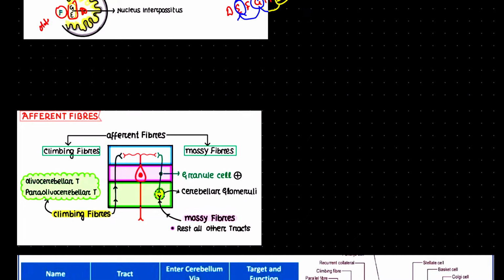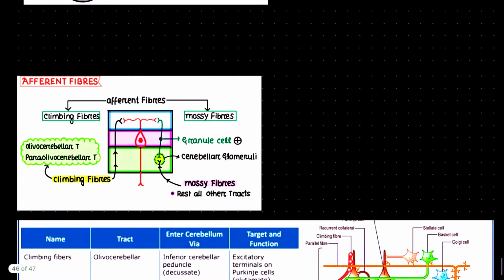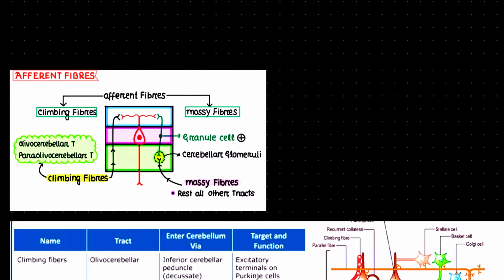They reach the granule cell and excite it. As they excite the granule cell, the signal is sent to other cells through parallel fibers, which are the branches of mossy fibers only.